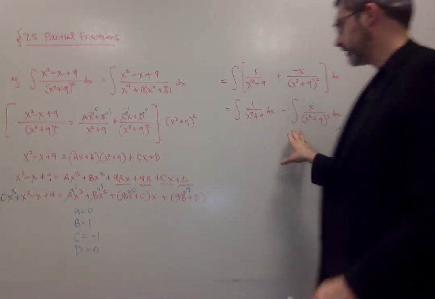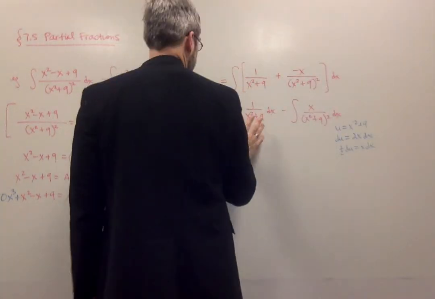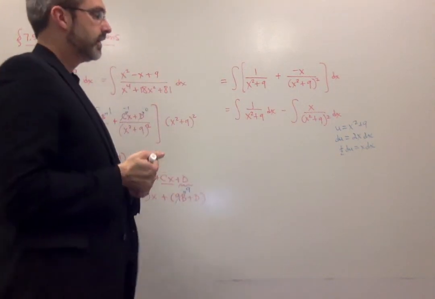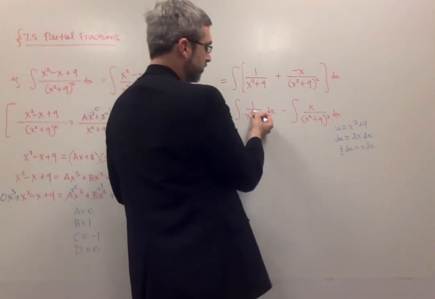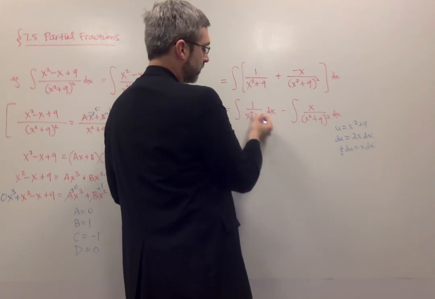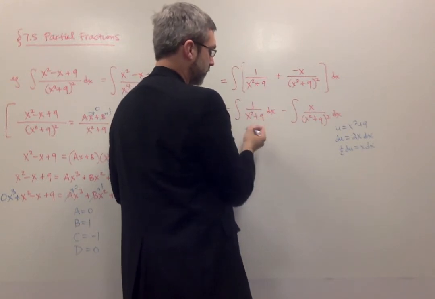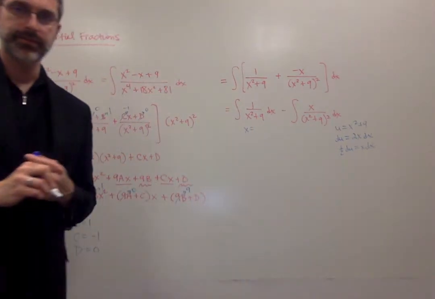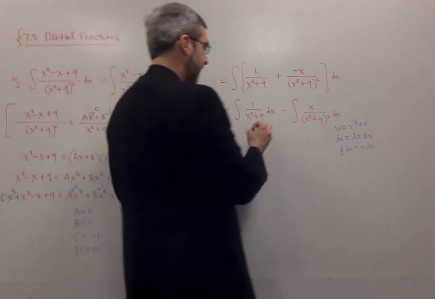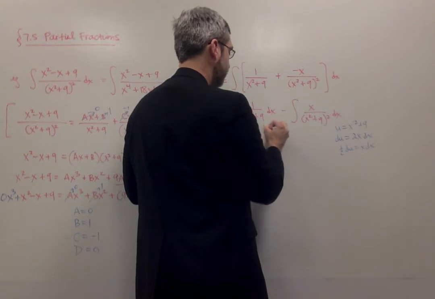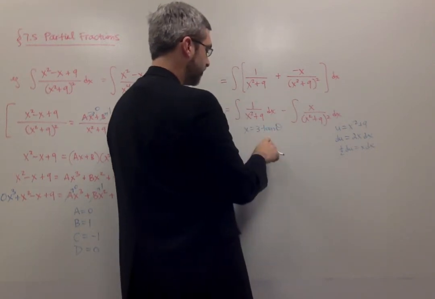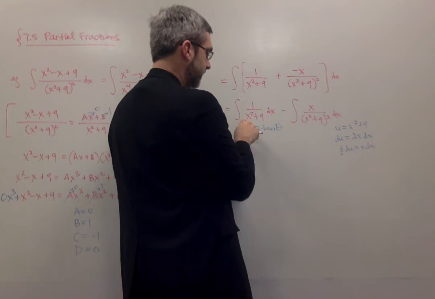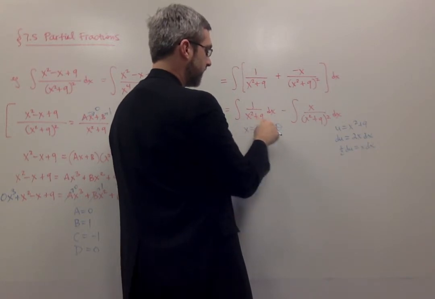Okay, so that's going to let me do that one, and that's going to be a much easier integral to do. With this one, it should remind you of arctangent, 1 over x squared plus 1, but I've got x squared plus 9. So I'm going to do a trig substitution, and I'm going to let x equal 3 tangent theta, because when I square it, I'm going to get 9 tangent squared plus 9, and I can factor that 9 out.